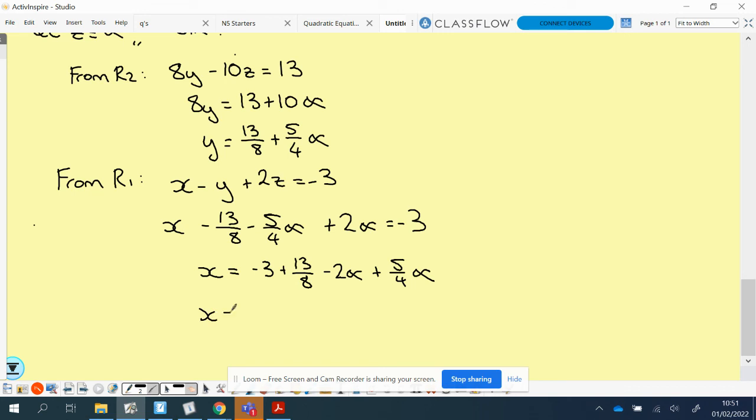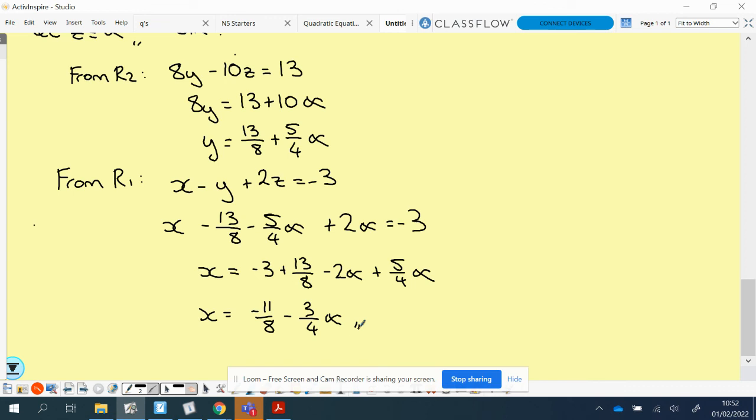And if I can combine the bits that I can combine, so I can combine -3 with 13 over 8, that would give me -11 over 8. And I combine my alphas, -2 alpha plus 5 over 4 lots of alpha, that gives me -3 over 4 alpha.